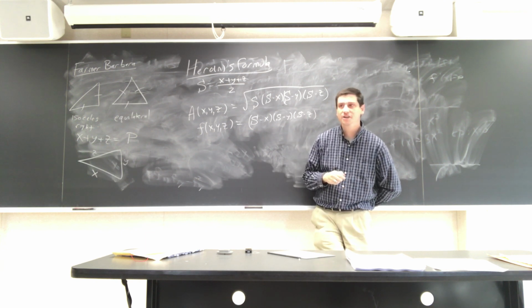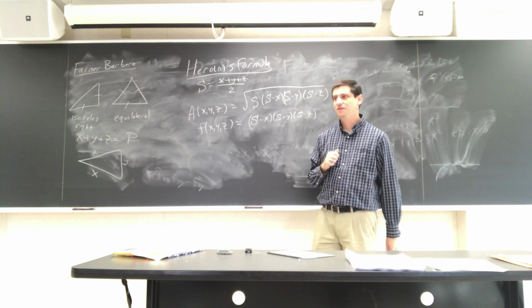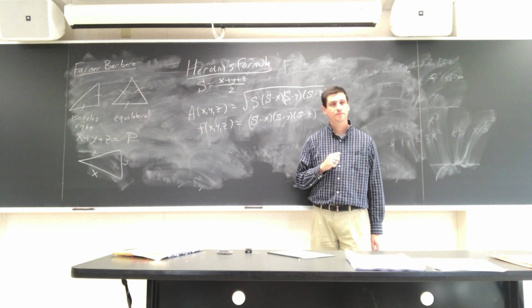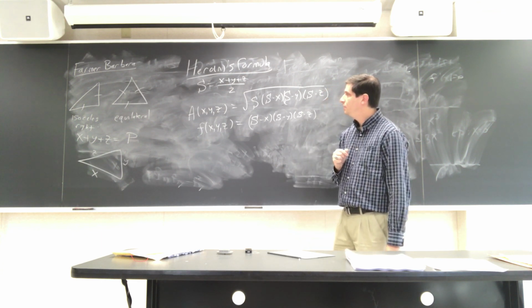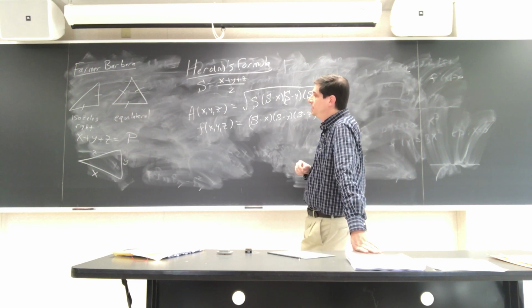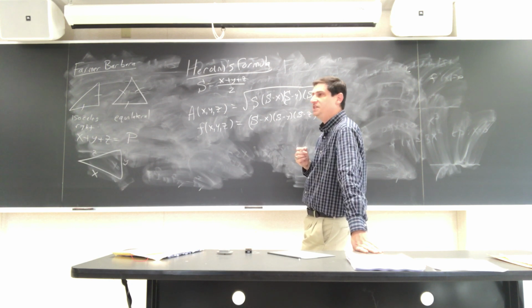We all said that that's fine. But now I'm dropping the s. Why can I drop the s? So I'm trying to find the triangle with largest area given that x plus y plus z equals p.